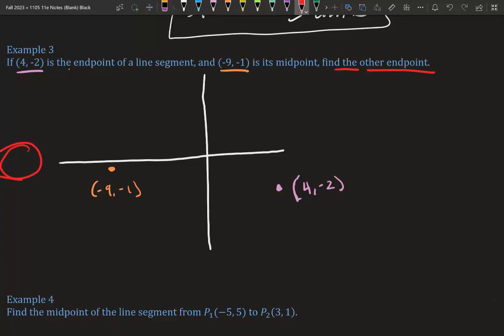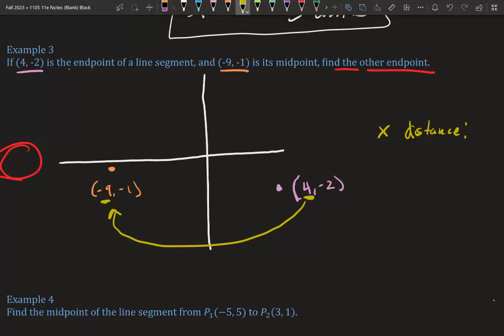So the midpoint is equidistant from opposite ends. So meaning that's in the middle. So if that's in the middle, we can actually just count our distances to figure out how much we need to go. So from here to here, my x's, use your fingers. 4, 3, 2, 1, 0, -1, -2, -3, -4, -5, -6, -7, -8, -9.